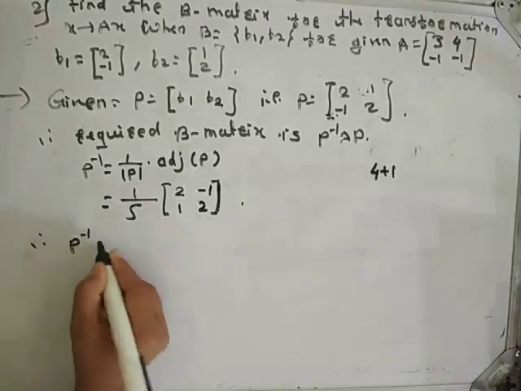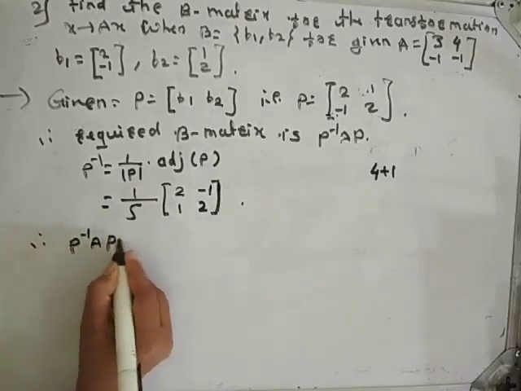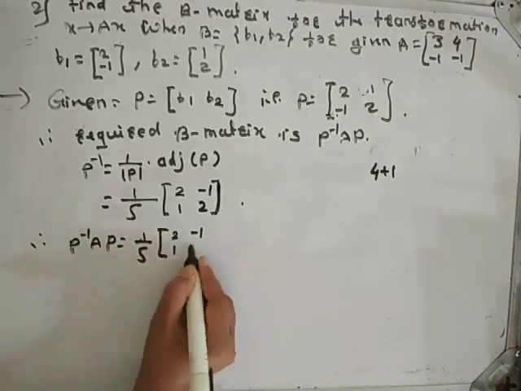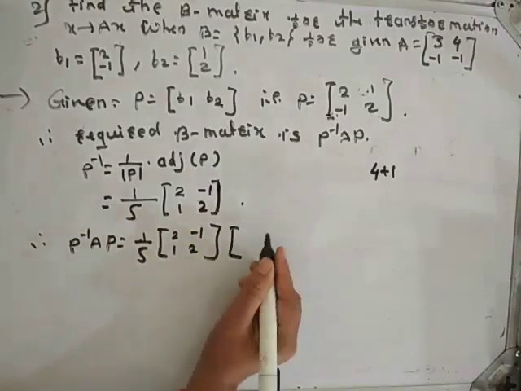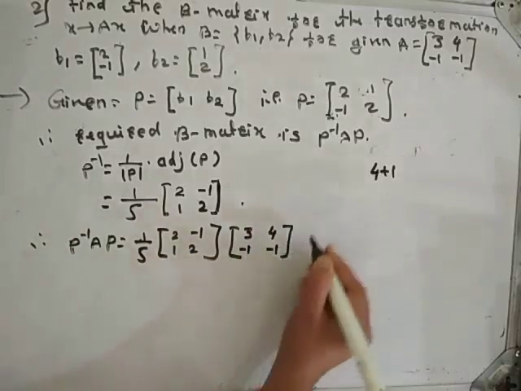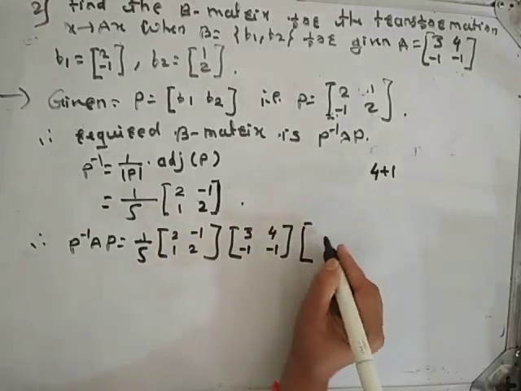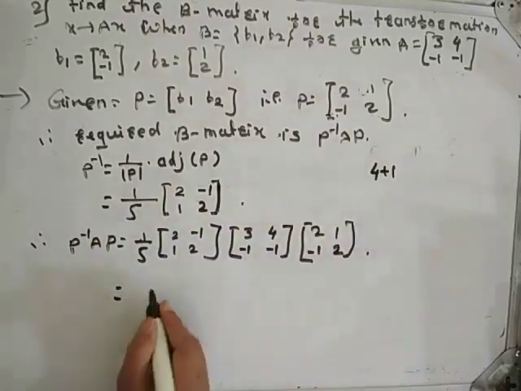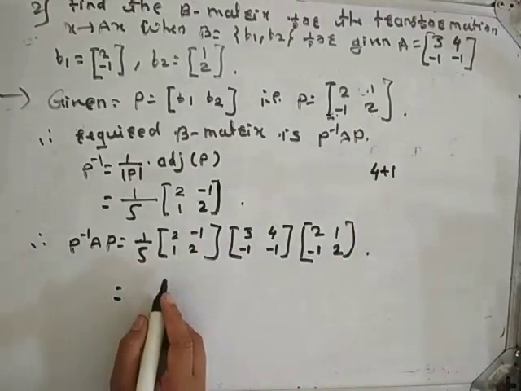Therefore, take the multiplication P inverse AP. P inverse is 1 upon 5 times matrix 2, minus 1, 1, 2, into A, which is matrix 3, 4, minus 1, minus 1, and P is 2, 1, minus 1, 2. Take the multiplication of these matrices.